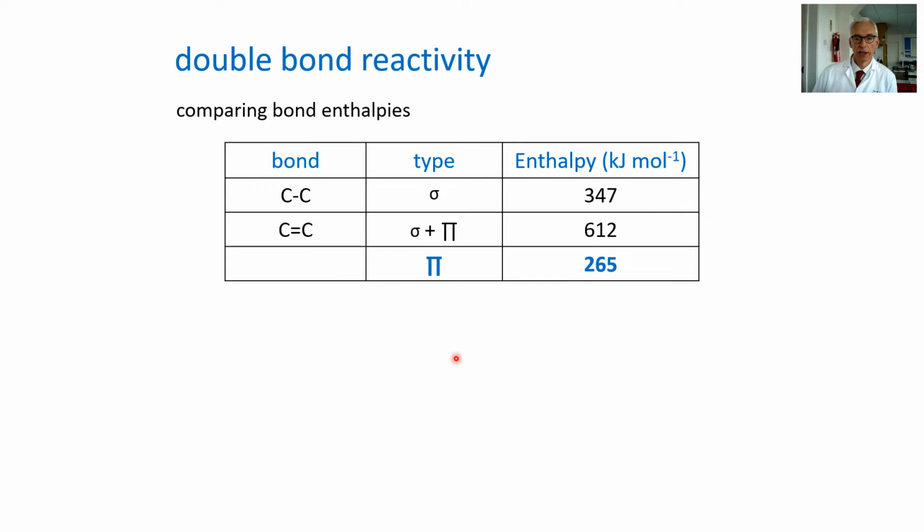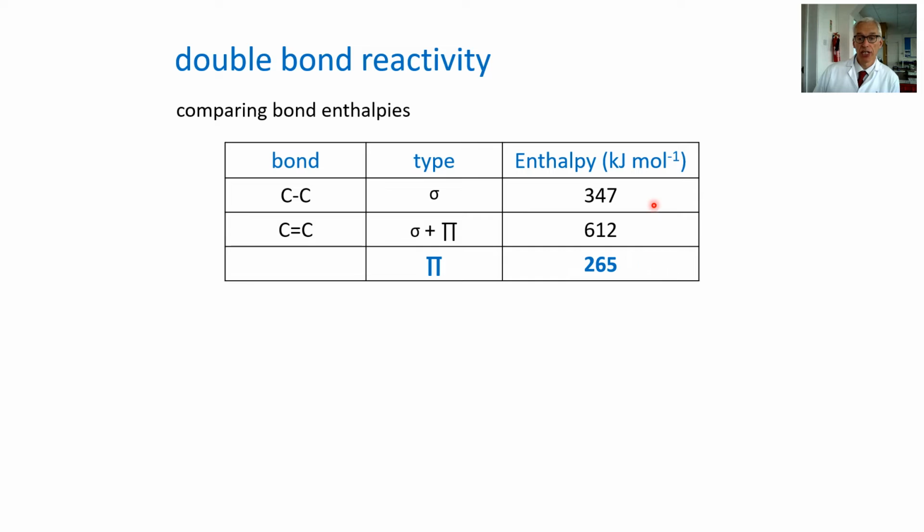Well, we can see that the difference between a single and a double is a pi bond. The single contains a sigma, the double contains a sigma and a pi. So the difference between 347 and 612, 265, is the bond enthalpy of the pi bond in the carbon-carbon double bond arrangement.